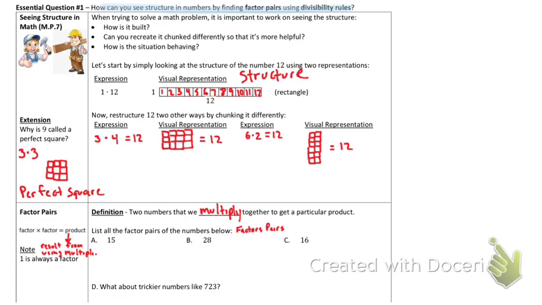All right, and that's what our definition is above. So let's do example A. So we're trying to list everything in pairs that multiply to 15.